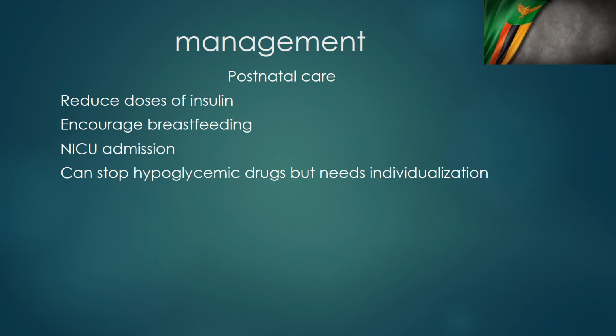The last point is that it is protocol in some institutions to admit all babies born from diabetic mothers to NICU, but it's important to just realize that the main issue is early breastfeeding.